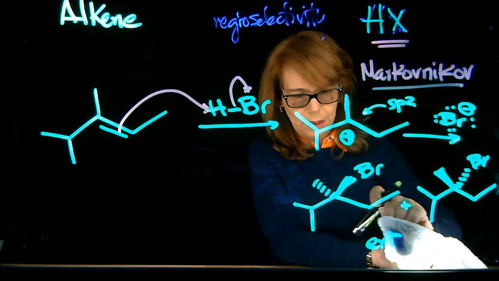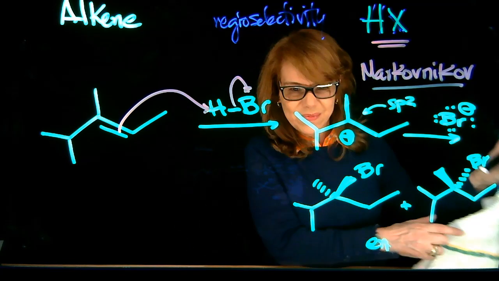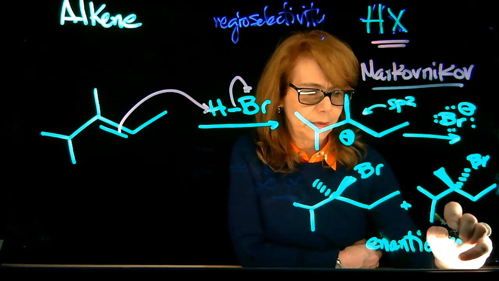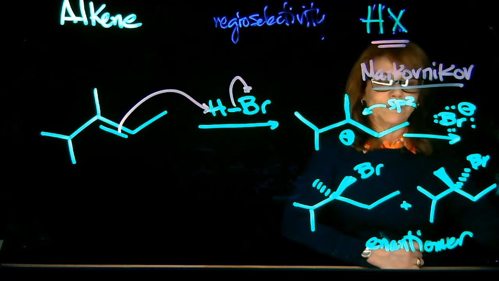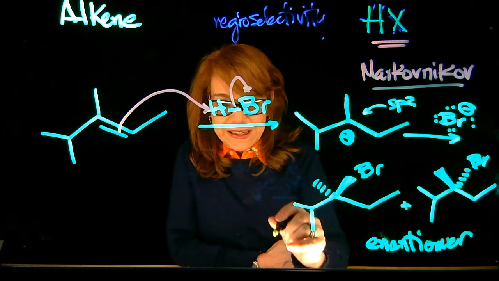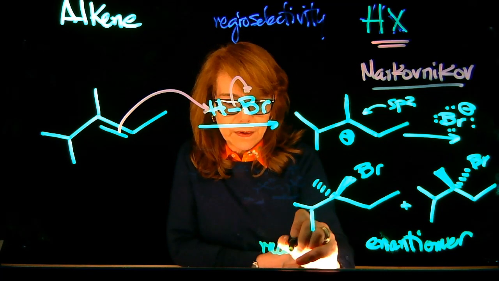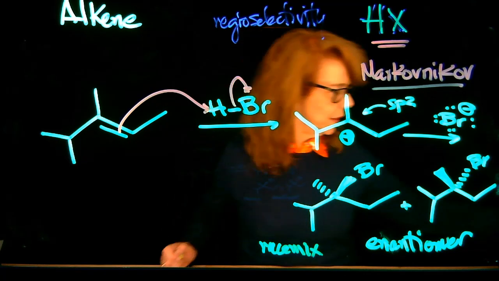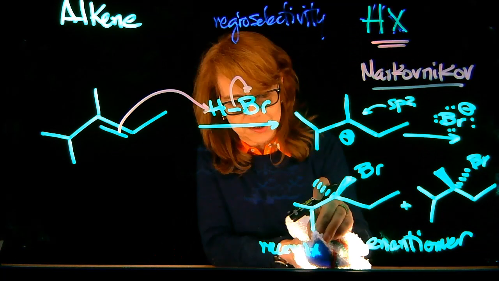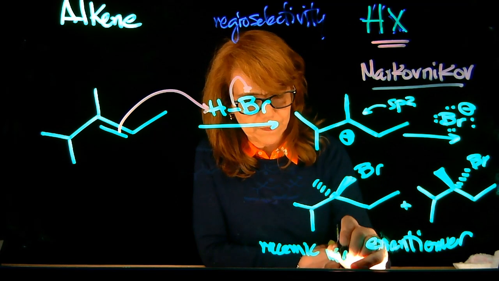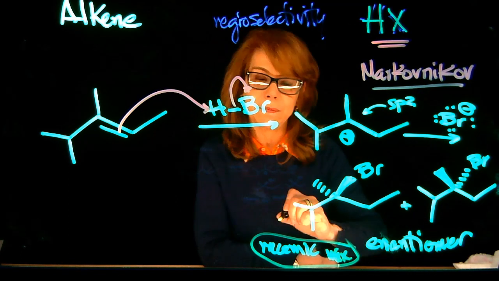I made a mistake here. Enantiomers. And having the same chance of attacking on either side, this is likely to be a racemic mix. Racemic, I'm doing a lot of misspelling here. Racemic mix. So a 50-50 mix of enantiomers.